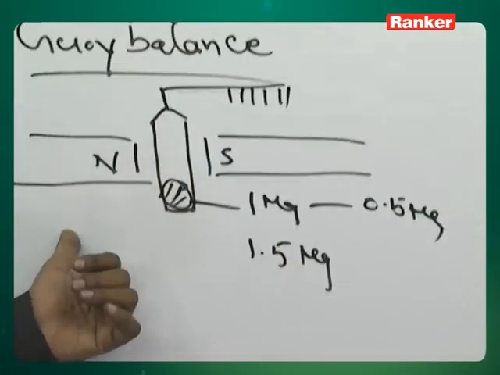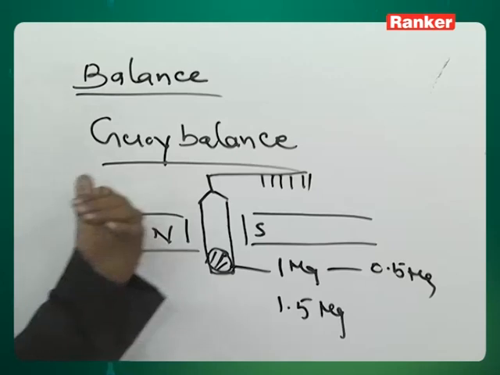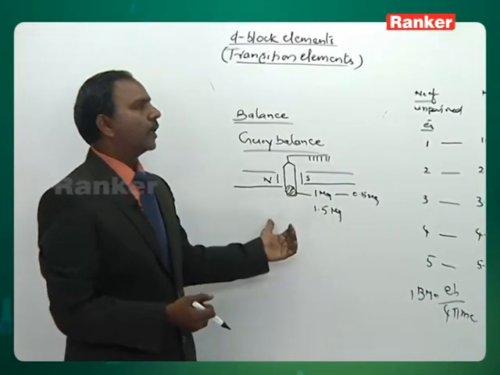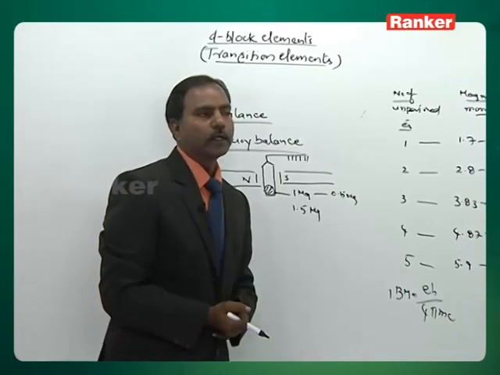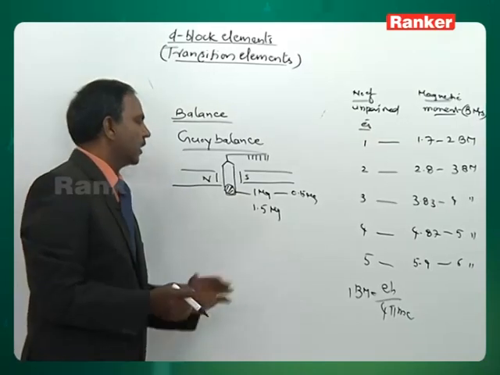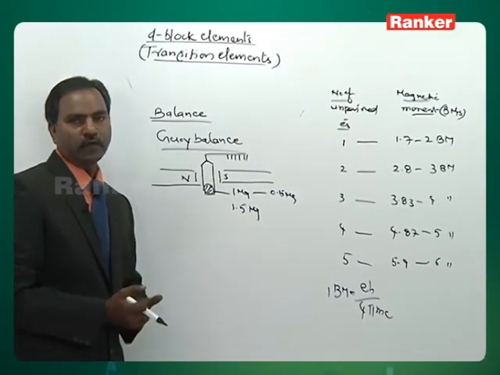This is the way we calculate the magnetic moment, and based on the magnetic moment we can say how many unpaired electrons are there in a given substance. This is about the magnetic balance and how we calculate the magnetic moment.